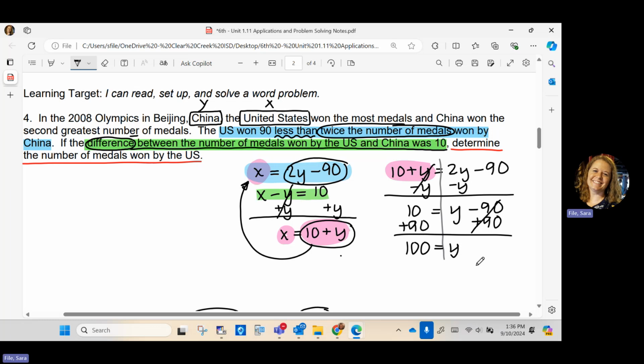And right here, we just said X is 10 more than China. So I'm going to plug that 100 in. So I'm replacing that Y with 100 to get X. So now X is 110. So the US won 110 medals.